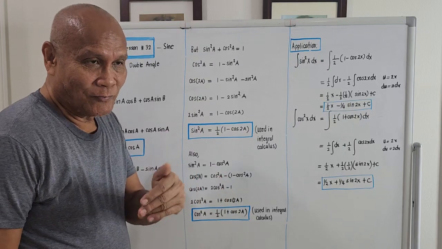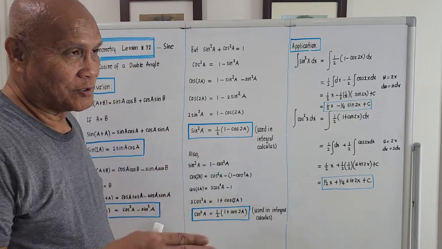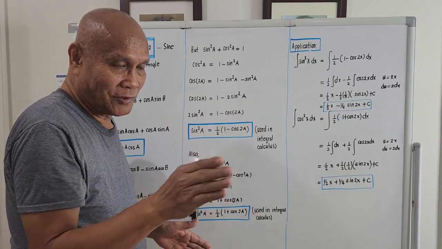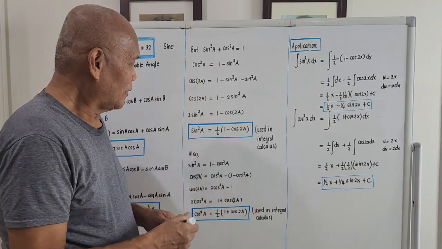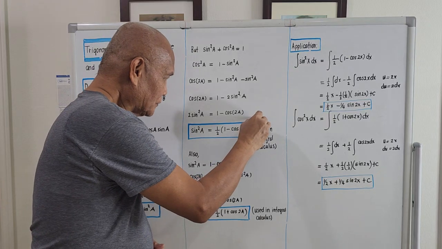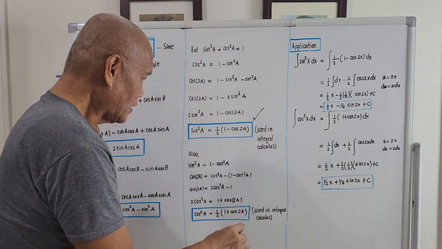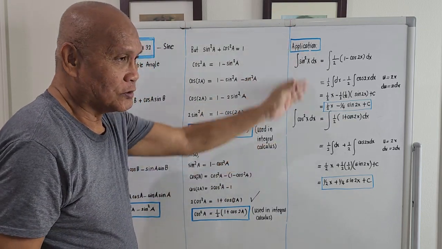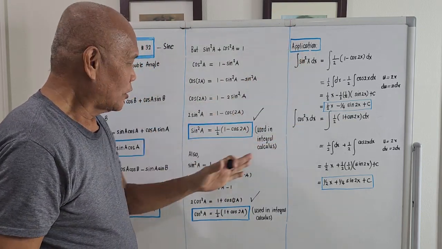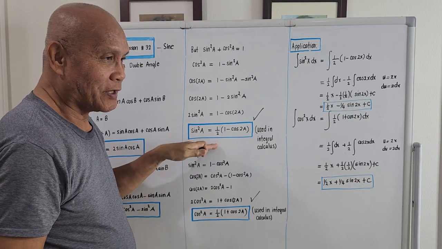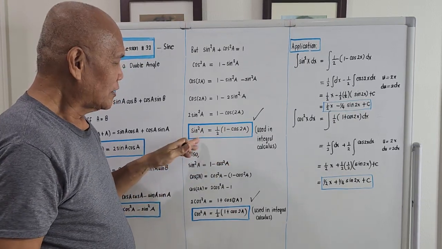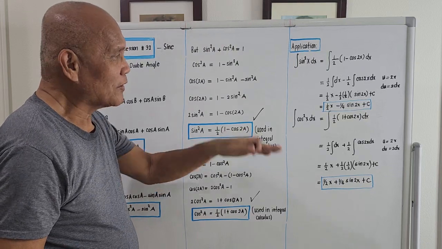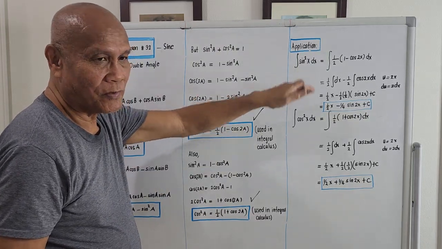I will now give you the so-called secret of this one, because later on, for those of you who are going up to integral calculus, you will be needing this identity to solve integral calculus. Without knowing these trigonometric identities, that is a single angle in terms of a double angle, it's impossible to solve this integration problem.